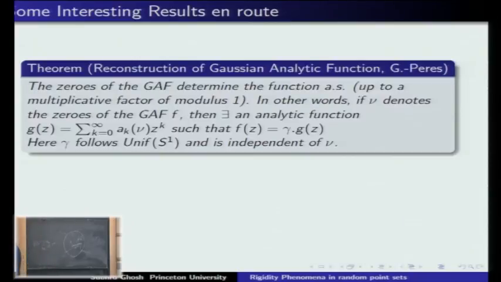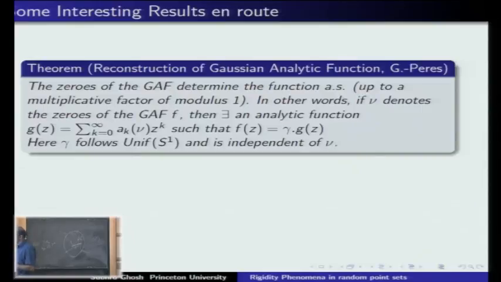This leading factor gamma doesn't depend on z, so in that sense it is a constant. It's random, but it is independent of the zeros. And in some sense, this is the best you can do, because if f(z) is your Gaussian entire function, then gamma times f(z), where gamma is a uniform random variable on S1 and is independent of the coefficients, has also the same distribution as f, but they have the same zeros.